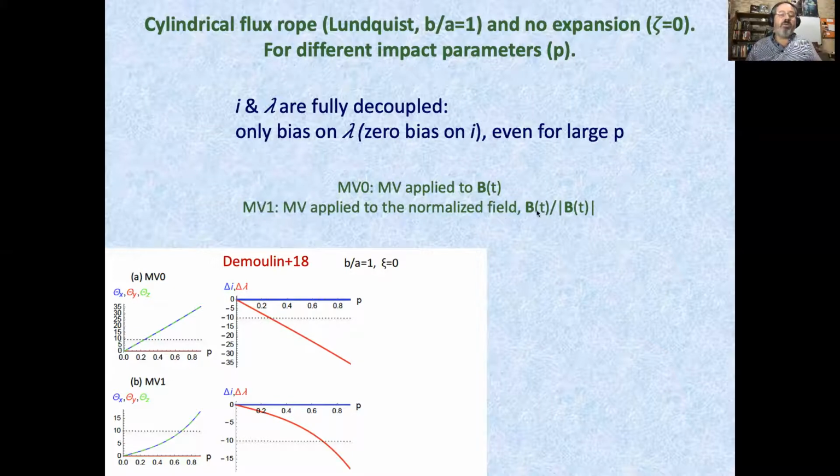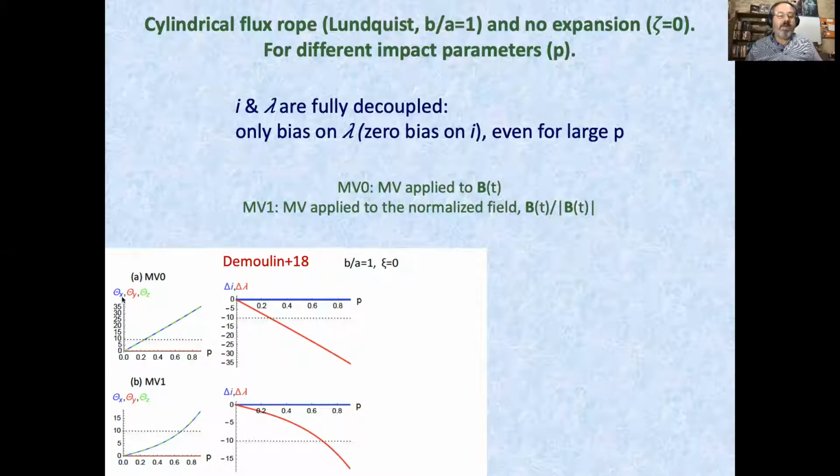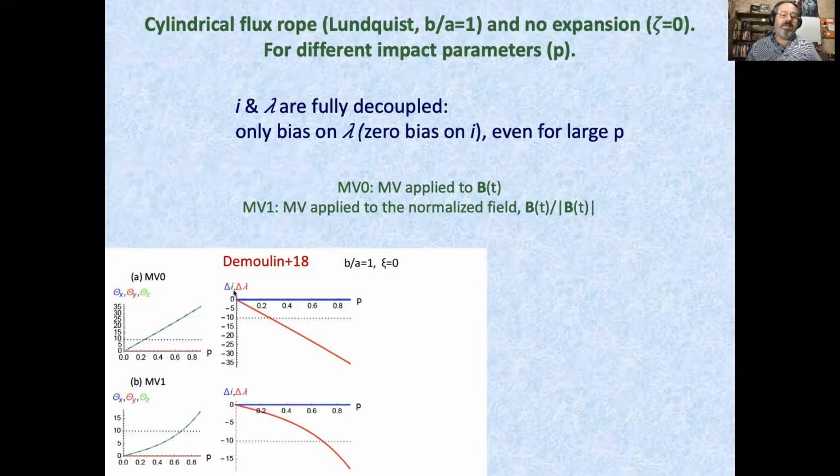Each time we normalize by the modulus of the field, so we get only the orientation of the magnetic field in MV1. And we compare here the error that this method obtained in each of the three axes, X, Y, and Z of the flux rope, and also the error obtained in I and lambda.